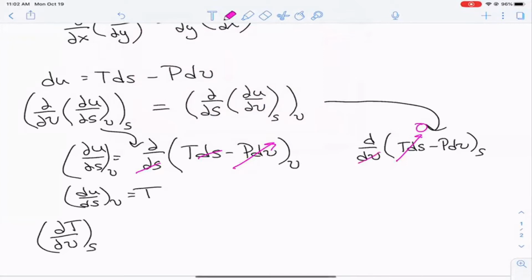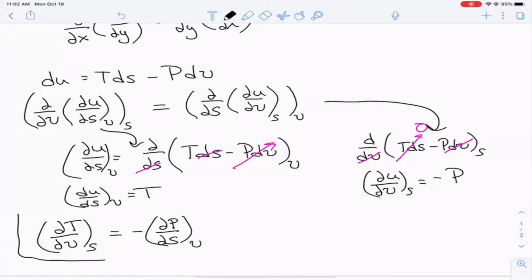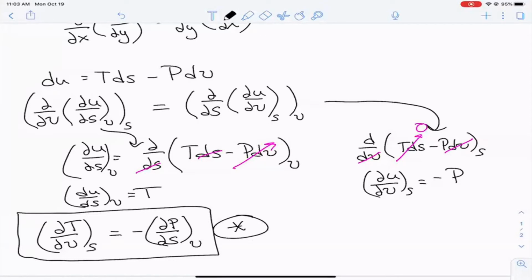And then these dVs will cancel, dV over dV is 1. And so we can find that du dV at constant S is equal to minus the pressure. So then we get that dT dV at constant S equals minus dP dS at constant V. And this is our first Maxwell relation that we're going to derive today.